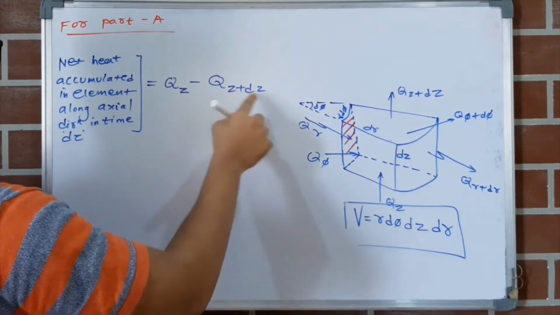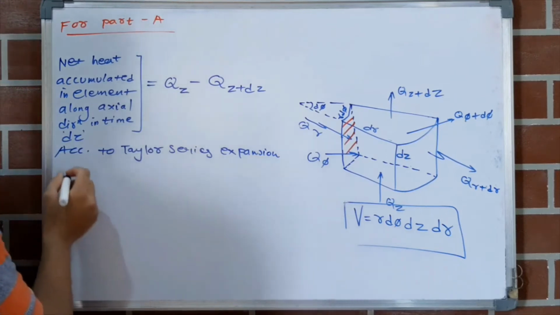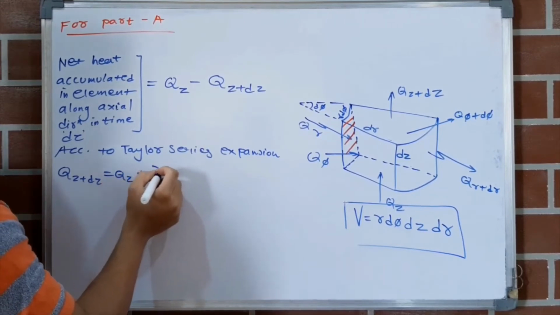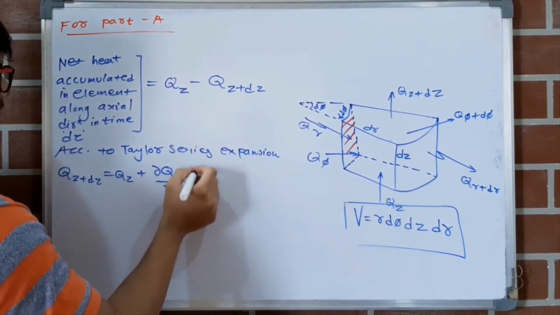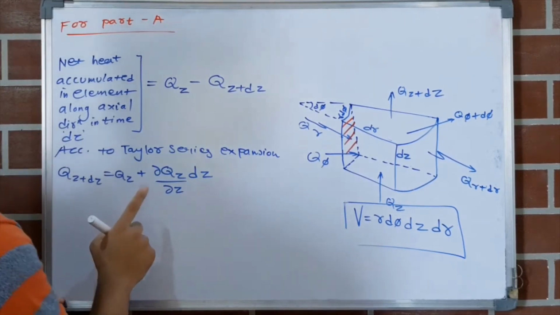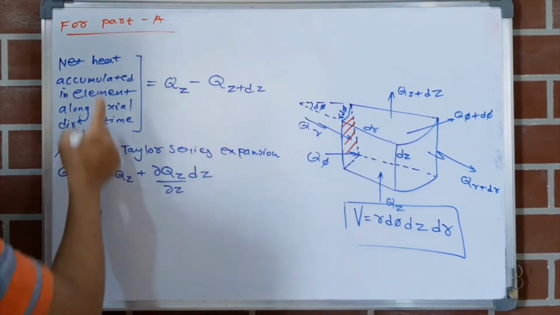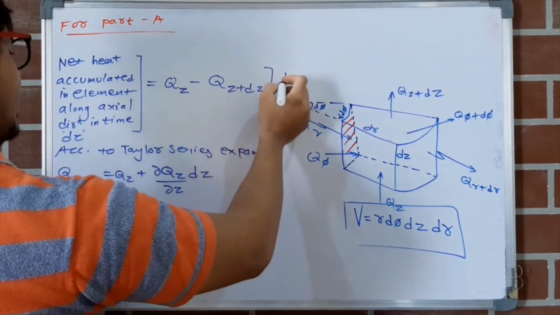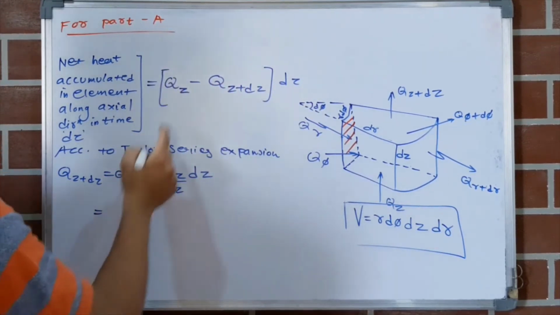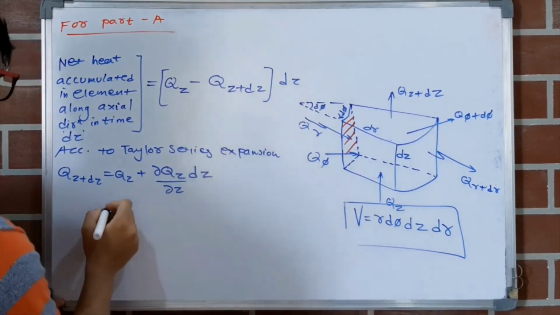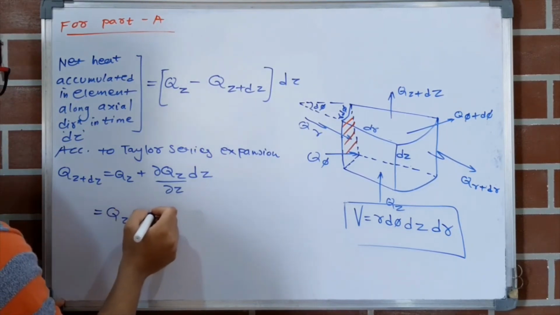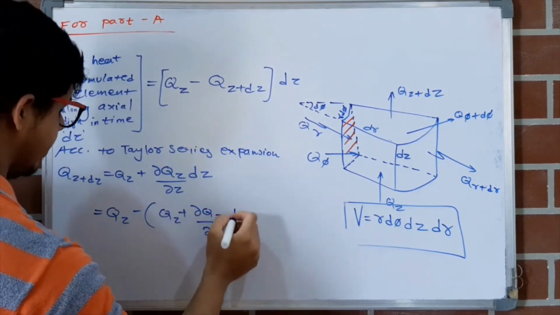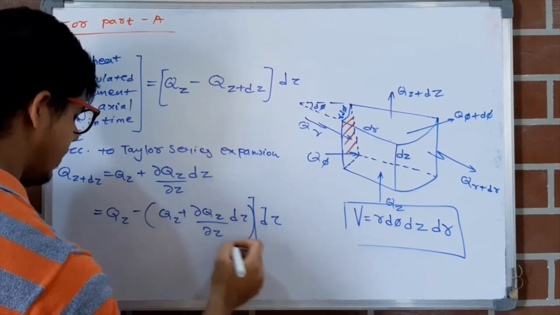Now, according to the Taylor series expansion, qz plus dz equals qz plus ∂qz by ∂z into dz. So now we will write this in the above equation. The net heat accumulated in the element along the axial direction in time dτ, we multiply by time dτ. If we write it in this bracket, it will be qz minus qz plus ∂qz by ∂z into dz, into dτ.